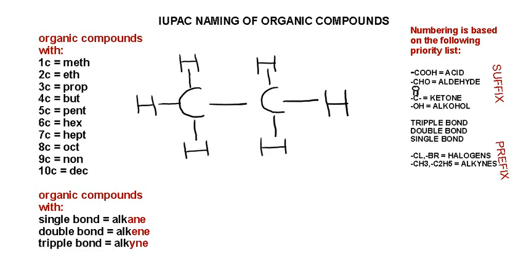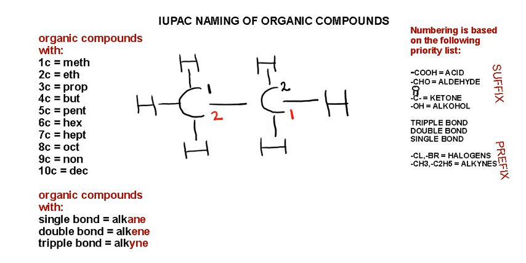So let us start by numbering it in forward direction. Now we have it as 1, 2. We have numbered it in forward direction. So let us go ahead and number it in backward direction. We have 1, 2.